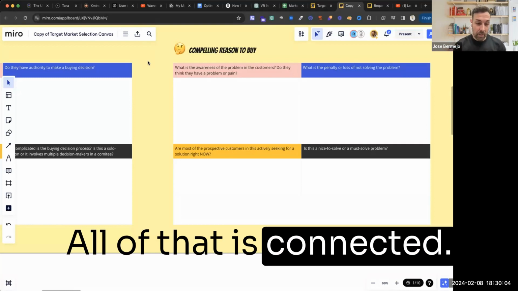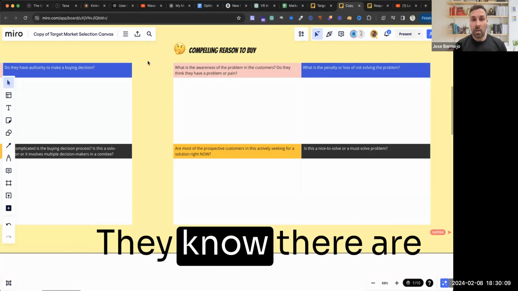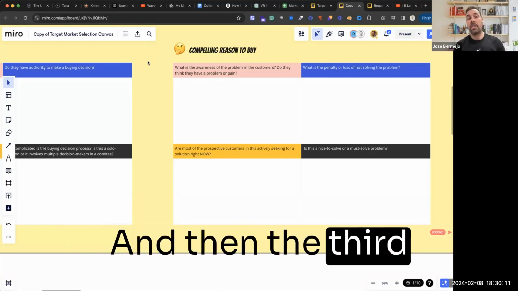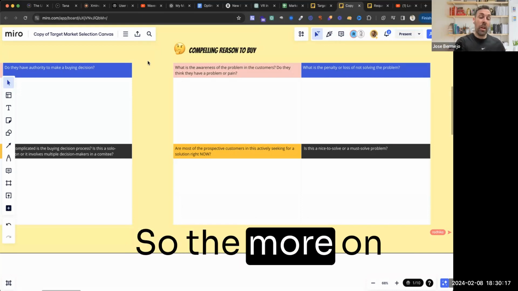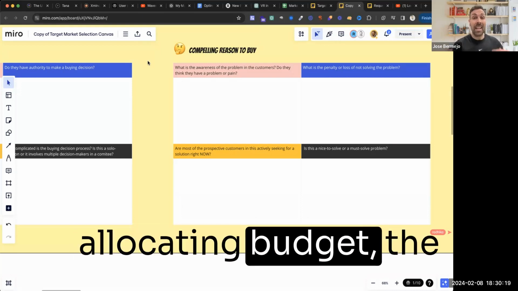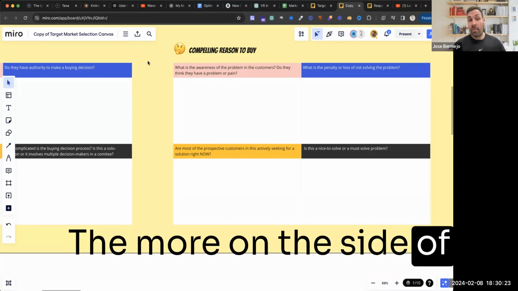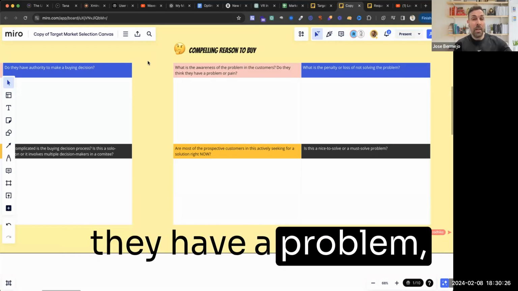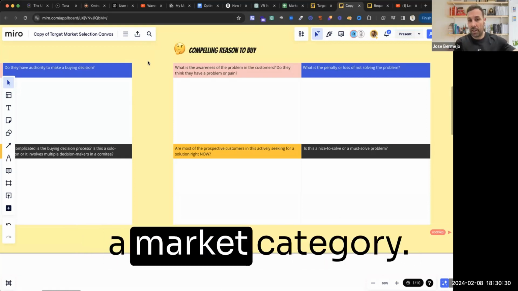All of that is connected. Problem aware, they know they have a problem. They know there are solutions in the market. And then the third step is they are allocating budget. So the more on the side of they are allocating budget, the easier it will be to sell. The more on the side of they don't even know they have a problem, the more difficult for us it will be to sell because we will be creating a market category.